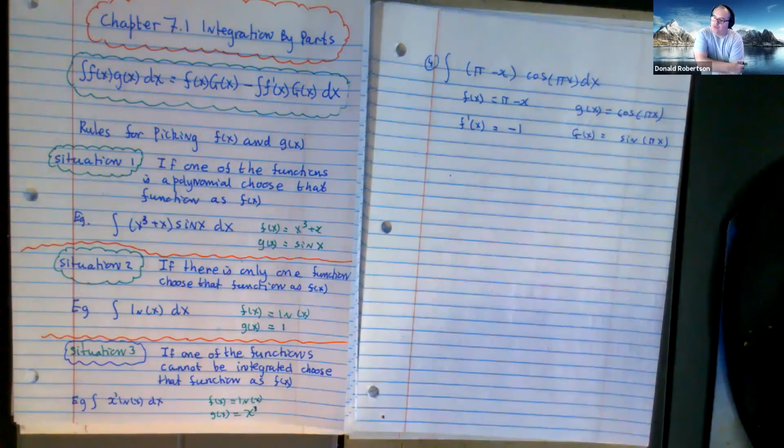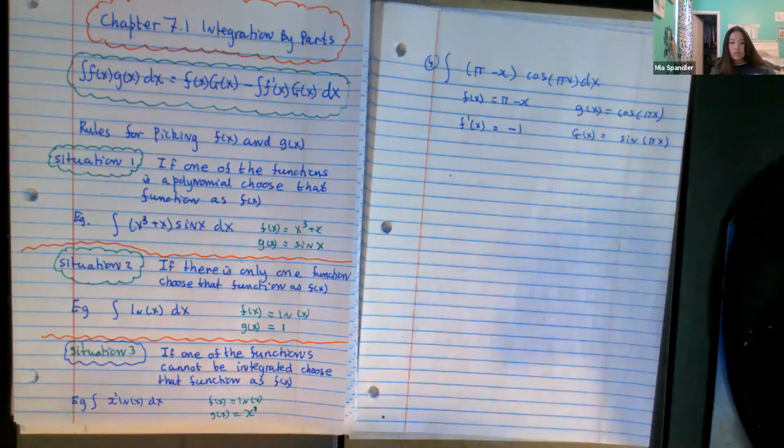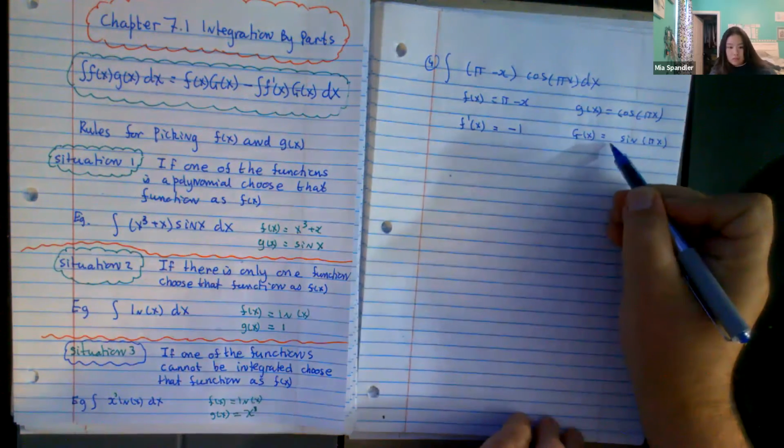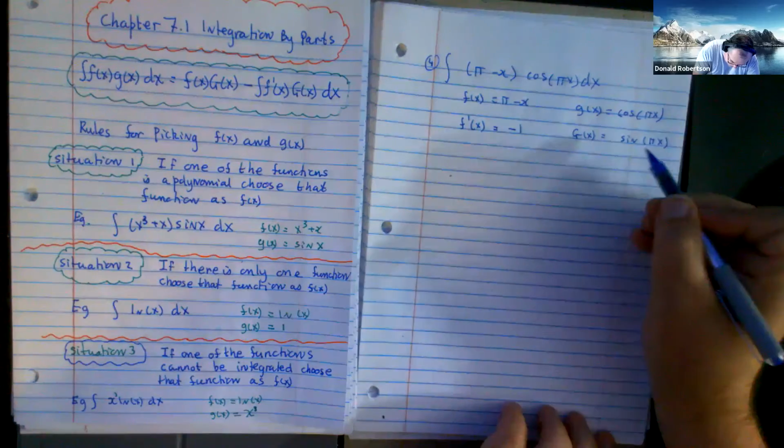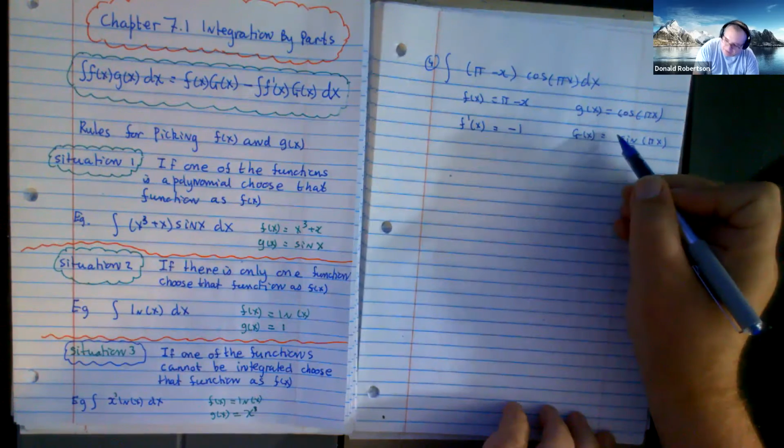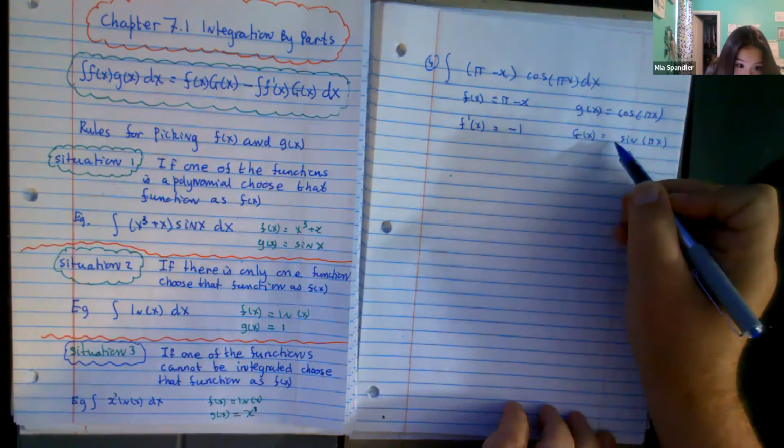But what else will you get? What goes here? 1 over pi. I think I heard it very faintly. 1 over pi. Agreed?